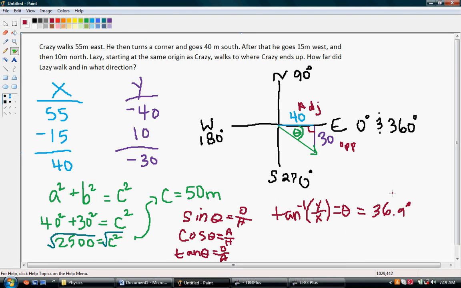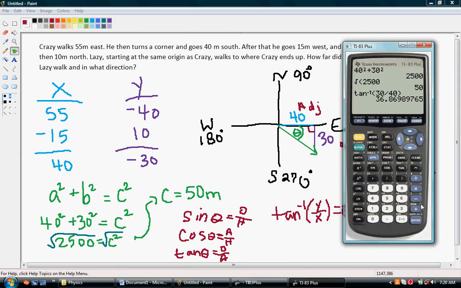But we're not done yet. We have to subtract 36.9 from 360. So to get our theta, we take 360, subtract 36.9, and we get 323.1 degrees.